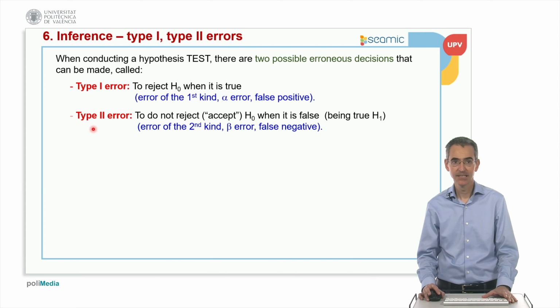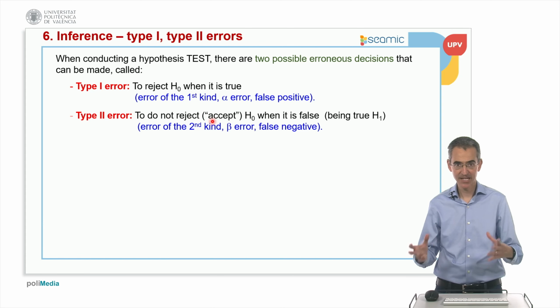The other type of error is called type 2. It is to not reject, which would be equivalent to accept, although I explained in the previous slide that we prefer not to say accept the null hypothesis because it seems that we are demonstrating mathematically that the population average is a specific value or the population variance is a specific value.